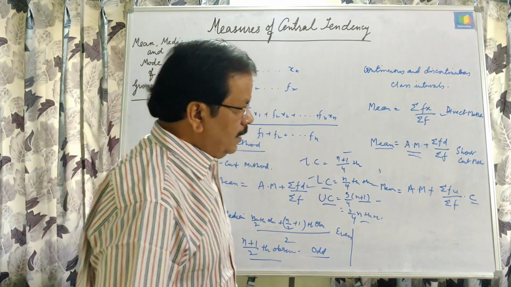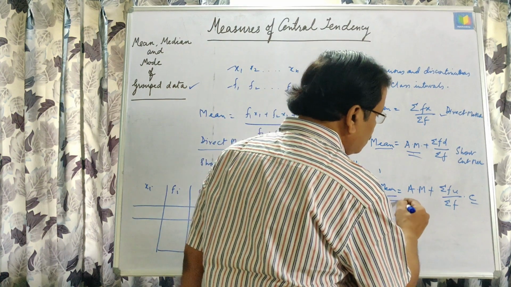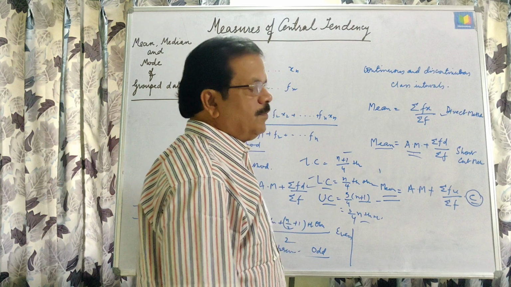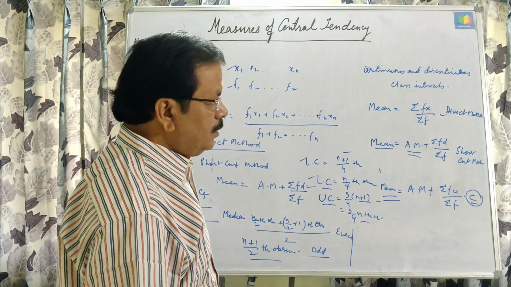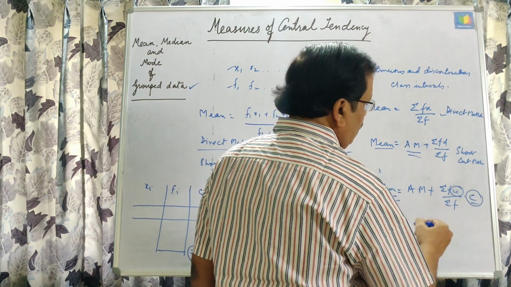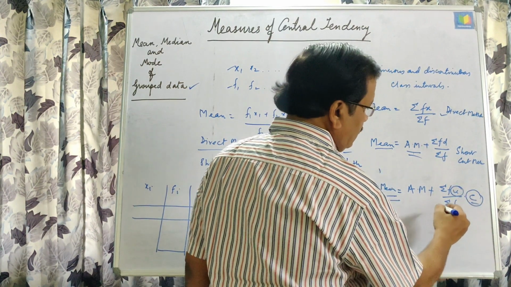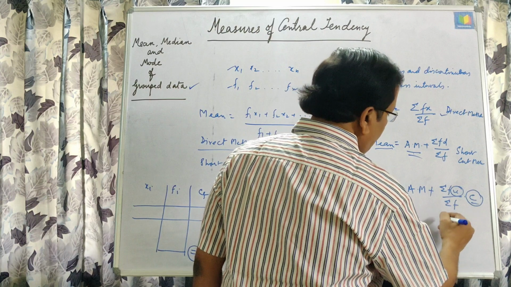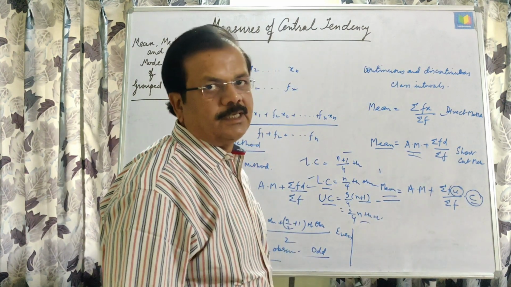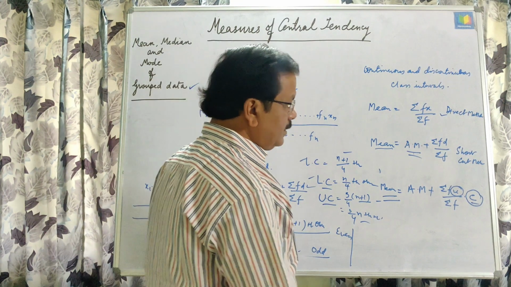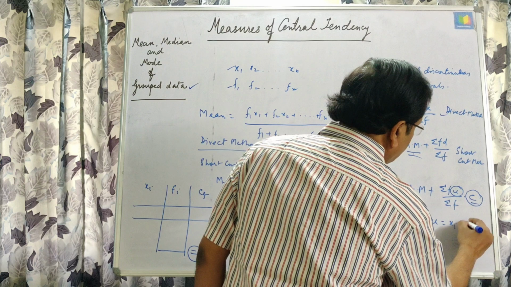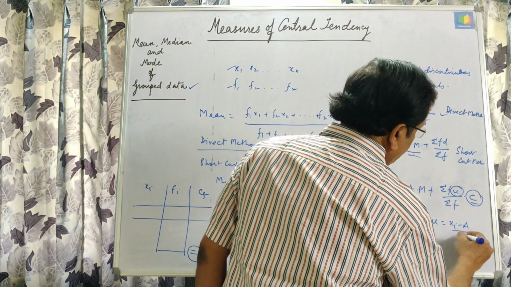This method will be used if the width of the class interval is the same for all the rows, and here u is equal to xi minus a upon c.